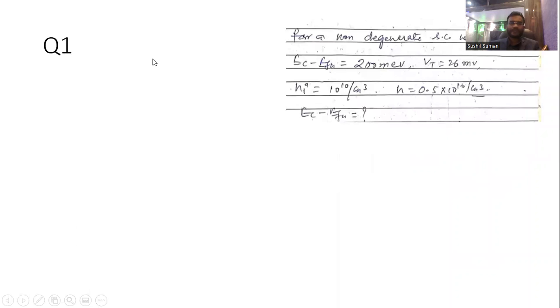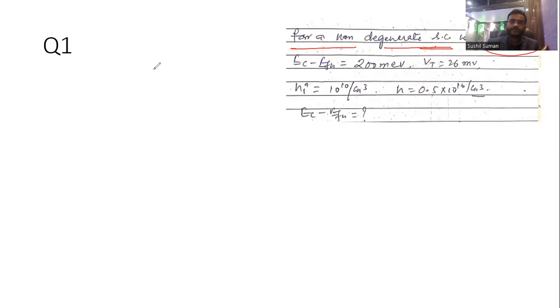Now in the EDC part, the first question is a very, very important and very good question from EDC. For a non-degenerate semiconductor having ND equal to 10 to the power 16 per centimeter cube, you are given EC minus EF equal to 200 millivolt, and the thermal voltage is 26 millivolt.